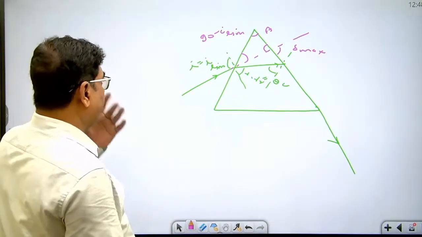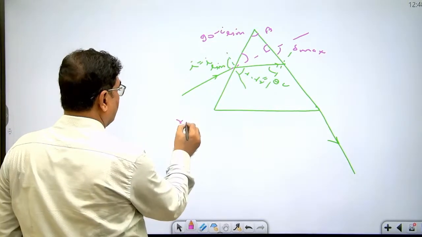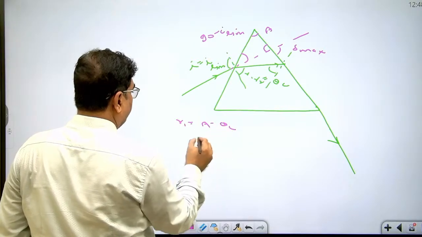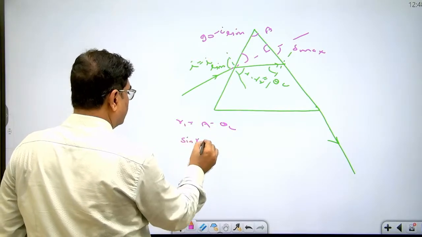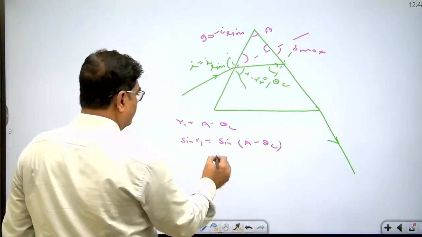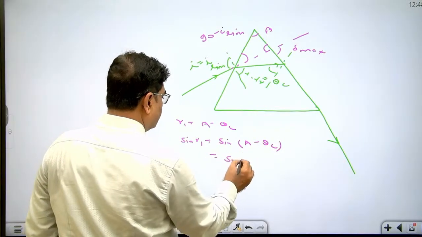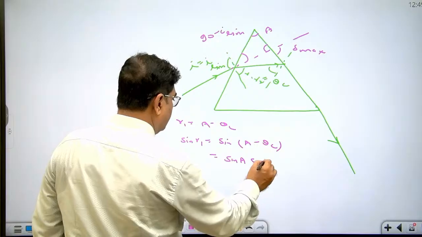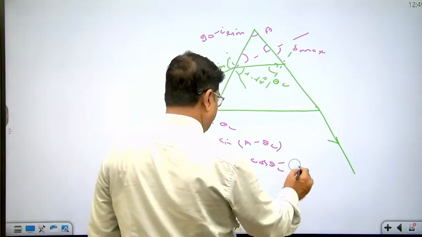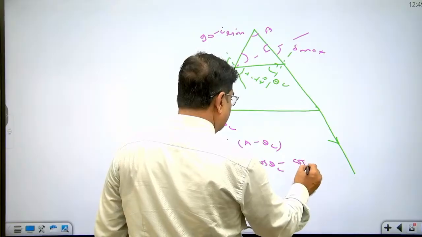So dear student, when R2 equals theta C, since R1 equals A minus theta C, this equation is very important. Sin R1 equals sin of (A minus theta C). Just expand the relation: sin A cos theta C minus cos A sin theta C.